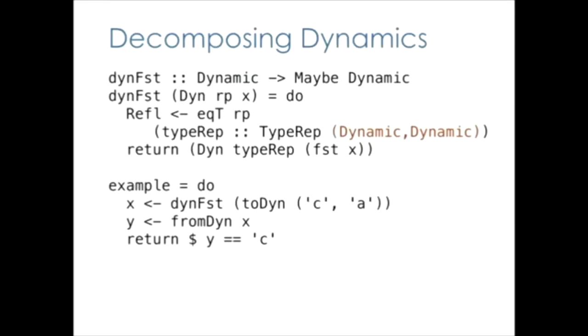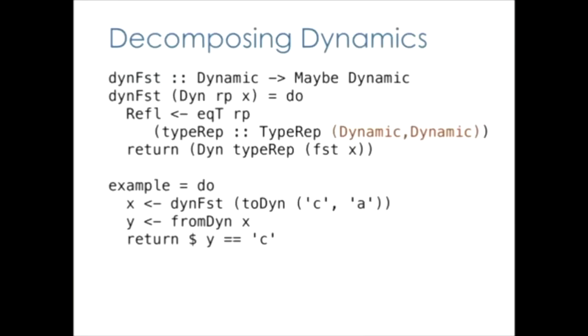This dynamic check, this eqT, is not even going to succeed in this example because the type representation that goes with this pair is not Dynamic paired with Dynamic. It's Char paired with Char. And those aren't the same types. And so that test is just going to fail.